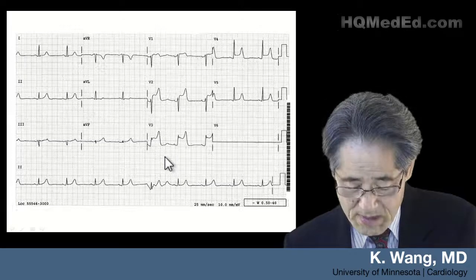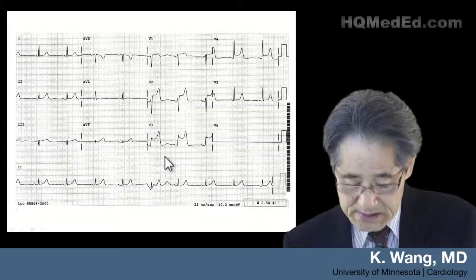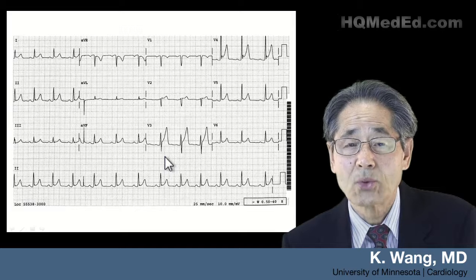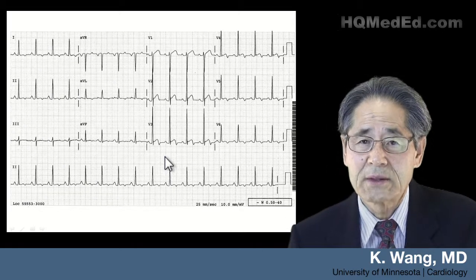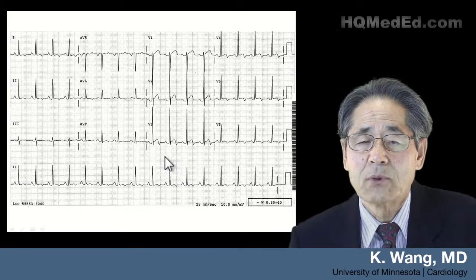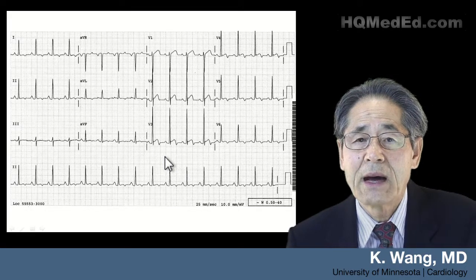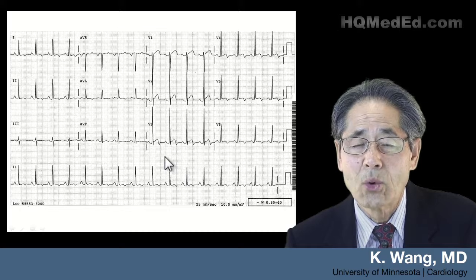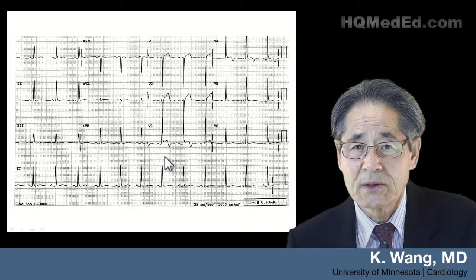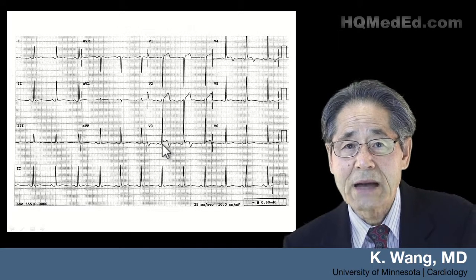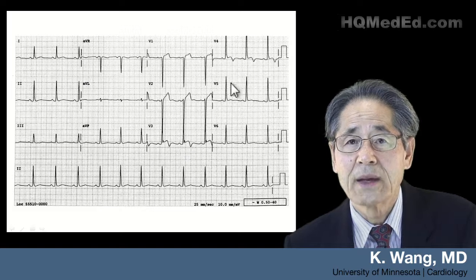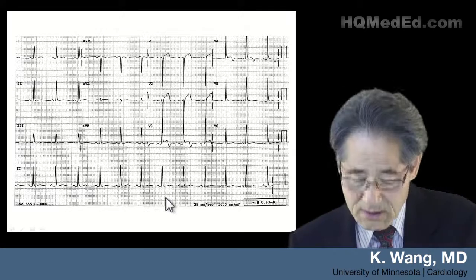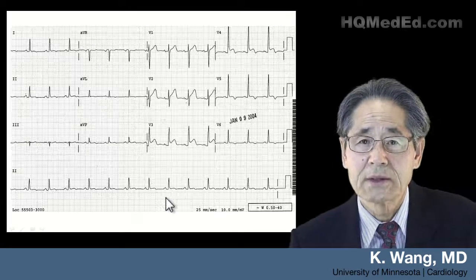So keep in mind, early repolarization pattern as a normal variant, and this is the other normal variant. There's no name given for it, so for the time being, I'm calling it the other normal variant. Another example, there's a notch at the junction, ST elevation, inverted T wave, and this is the other normal variant.